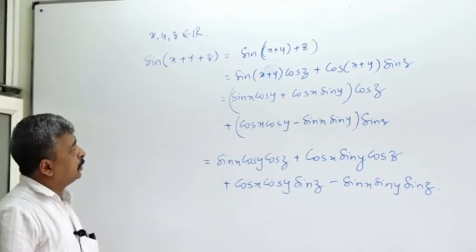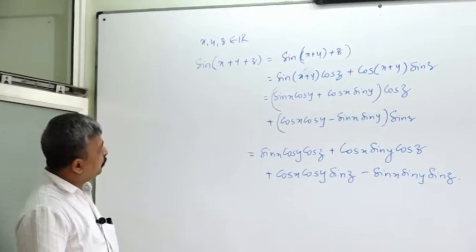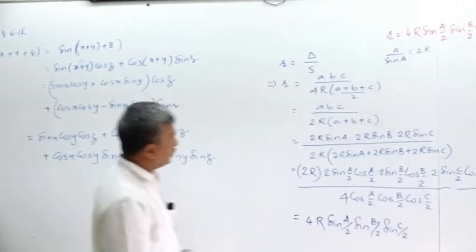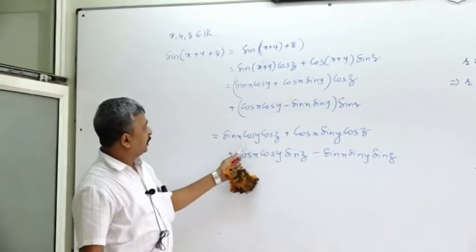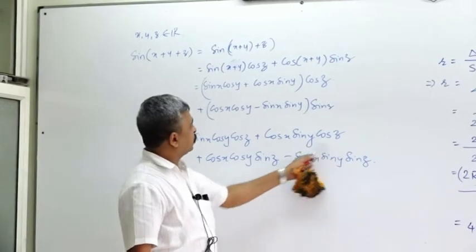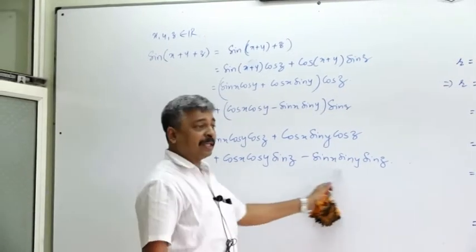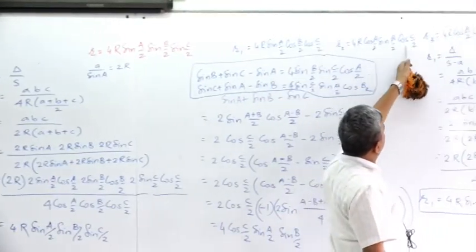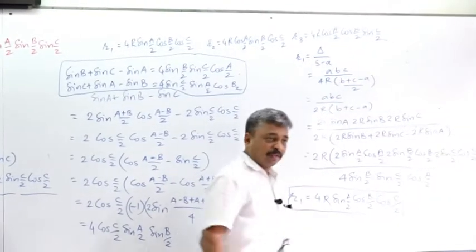Okay. Now, if we look at this formula and these 4 terms sitting there, there is a similarity. Sin cos cos, sin cos cos, sin cos cos, and sin sin sin.